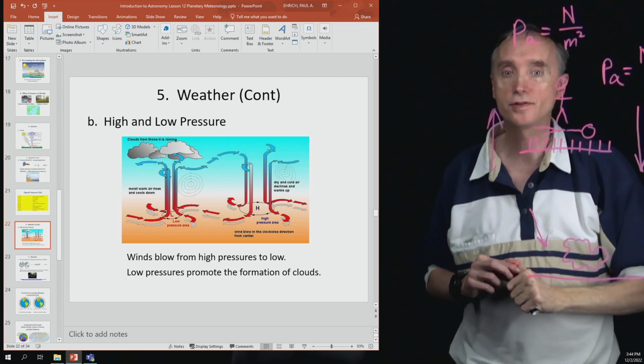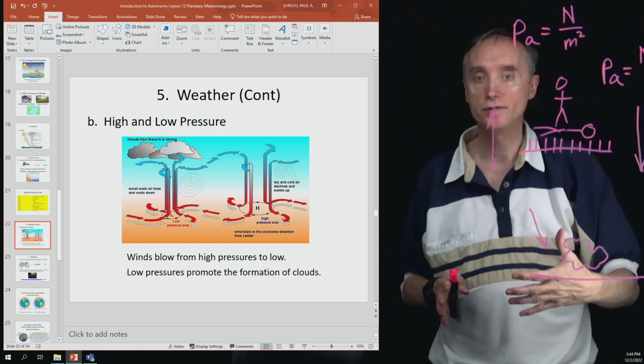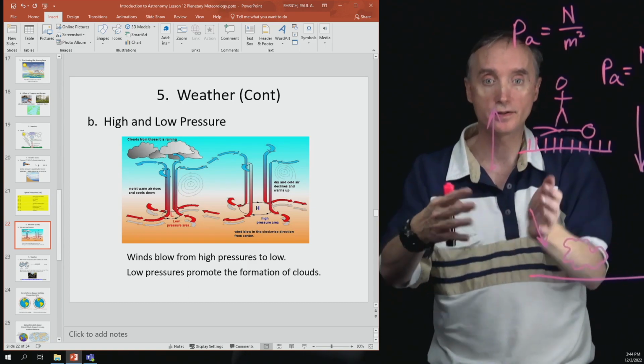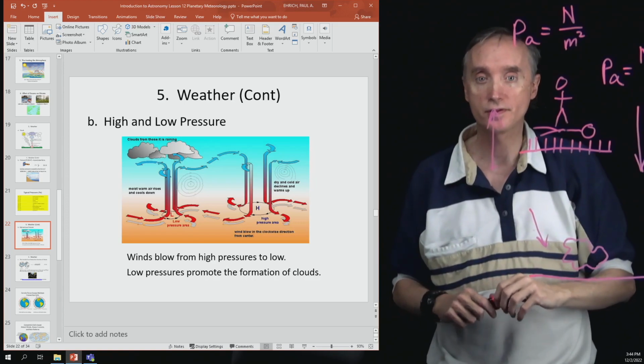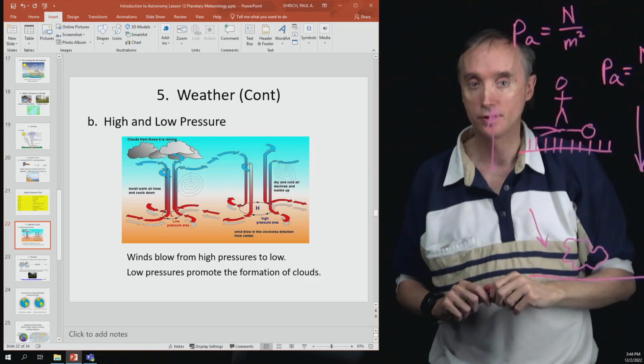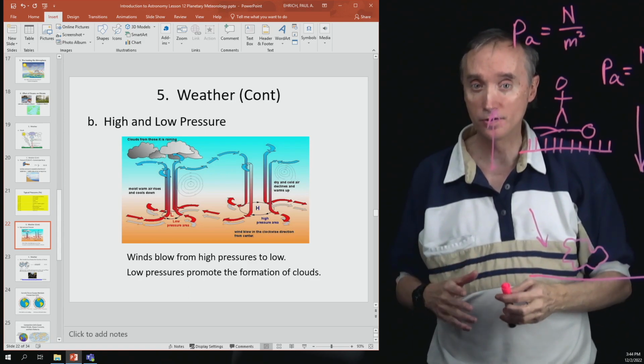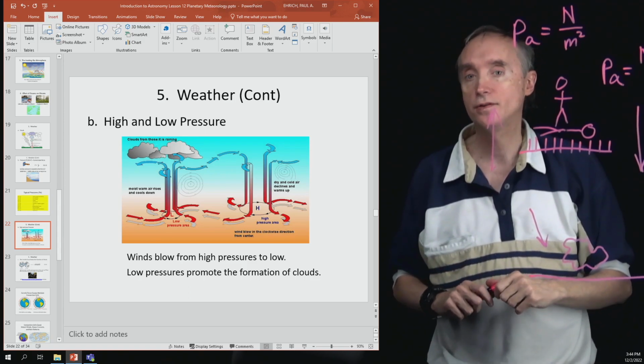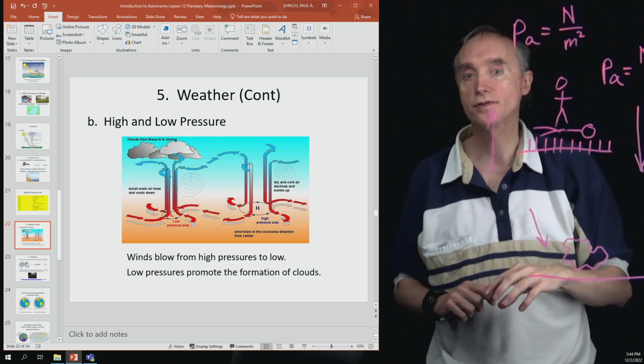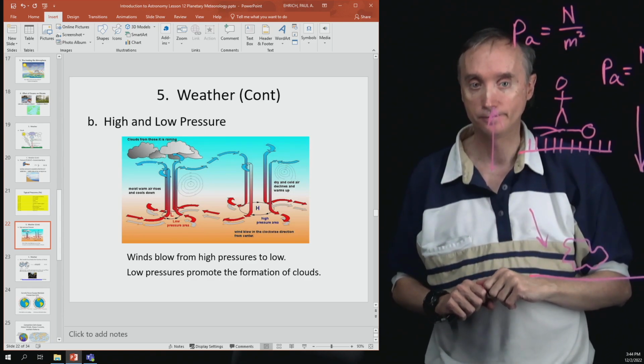Another thing you notice is that the wind systems will rotate around a high pressure system and a low pressure system. That's not so important to us. And also you'll notice that winds tend to blow from high pressure systems to low pressure systems.